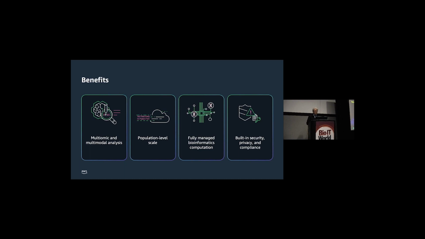You can use purpose-built data stores to support large-scale analyses and collaborative research across whole populations. Or you can accelerate research using automated workflows and integrated computational tools. And finally, you can protect all of that information with GDPR-ready compliance and HIPAA eligibility.